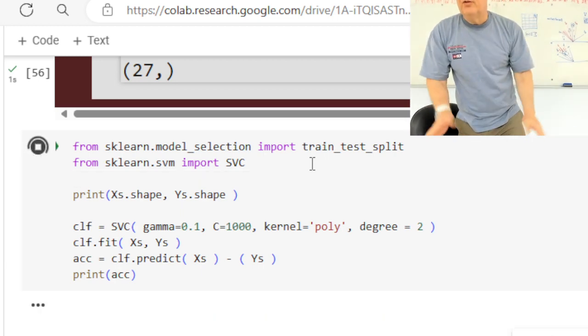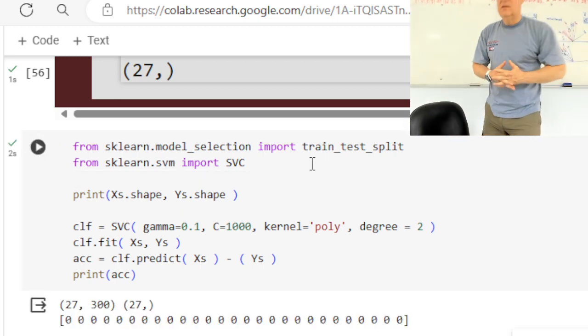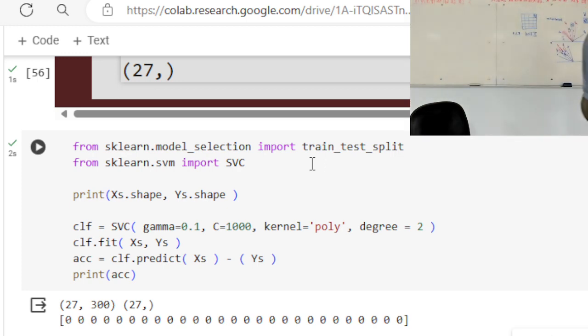Now in this case, not surprisingly, it comes back with a perfect classification because I used all my training data. You should never actually do that, right? You always want to set aside part of your training data for validation. But otherwise I would have to cut out more of the people, and I only had 10 people.